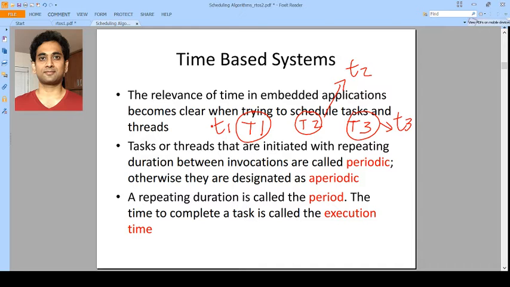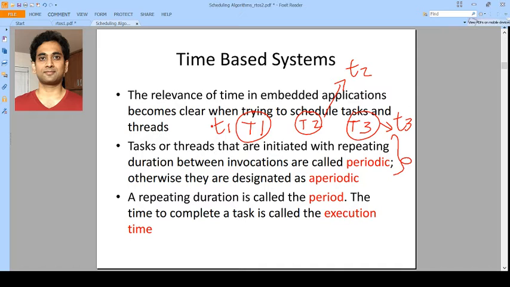So we have to seriously consider this little t1, little t2, little t3, when trying to schedule which of these tasks, T1, T2, T3, gets access to the CPU next. Now, tasks or threads that are initiated with repeating duration between calls or invocations are periodic.